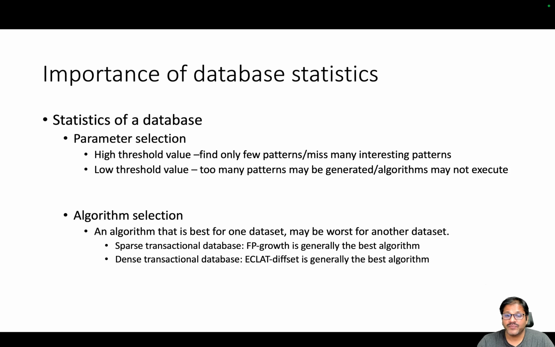In that case, FP growth is the best algorithm to choose to mine patterns. However, if your dataset is dense, then FP growth is not the best algorithm for your case. It is the Eclat diffset. So each algorithm is best for a particular type of database. So it is important to first check the statistics of a database and then choose which algorithm to mine.